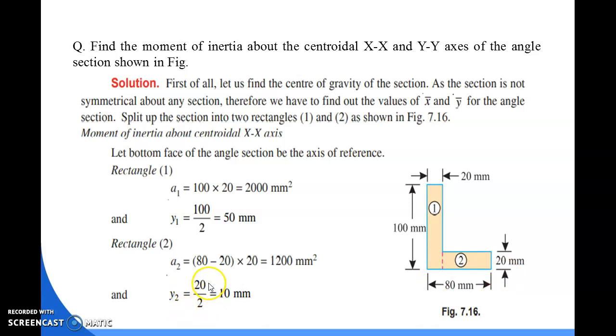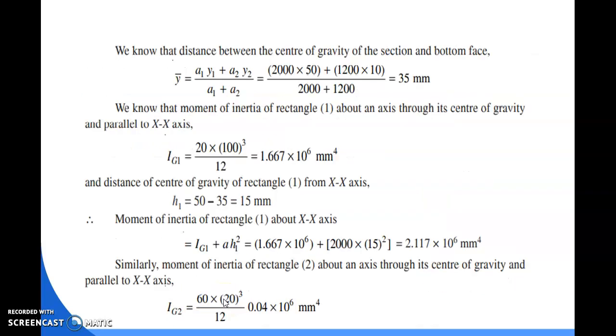Hence D by 2, that is 20 by 2, which is 10 mm. Now to find the center of gravity along the y-axis, the formula is y bar is equal to a1y1 plus a2y2 divided by a1 plus a2. By putting the values, we have the answer, which is 35 mm.